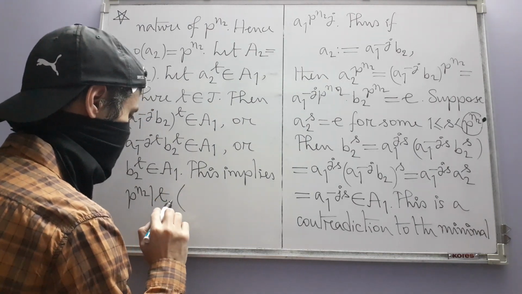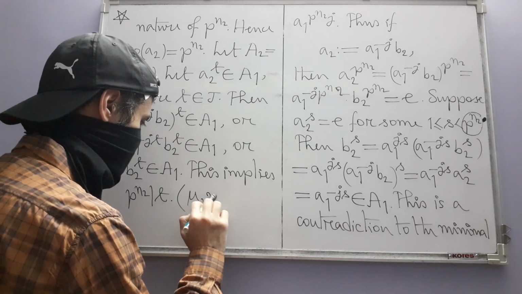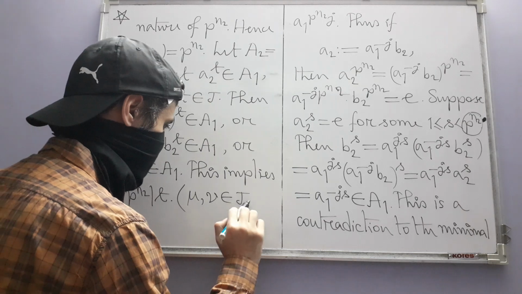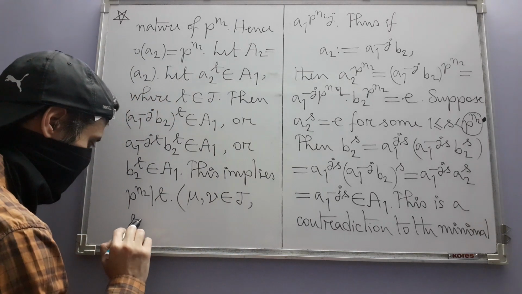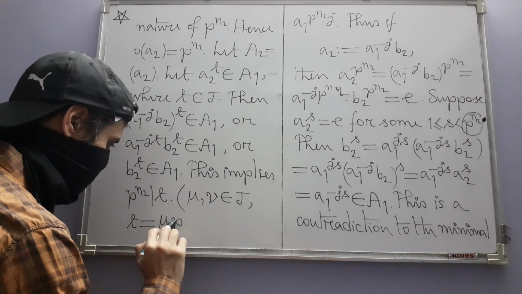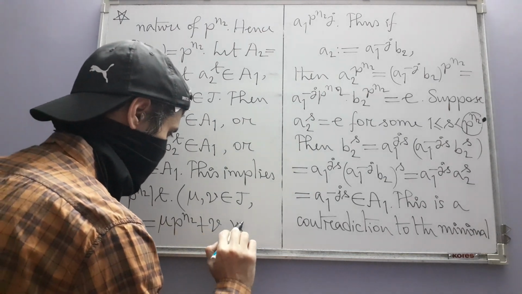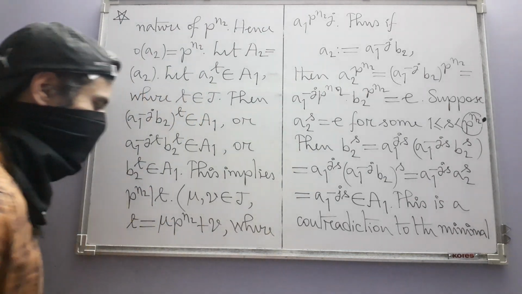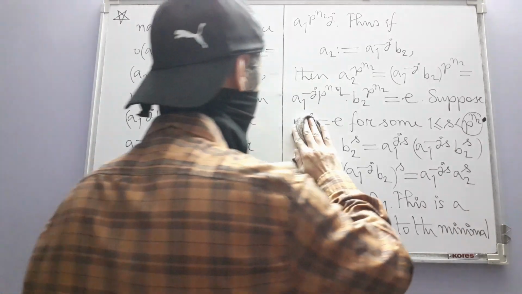So there exist integers, say mu and nu, quotient and remainder, such that t is equal to mu times p to the power n2 plus nu, where nu is non-negative and less than p to the power n2.